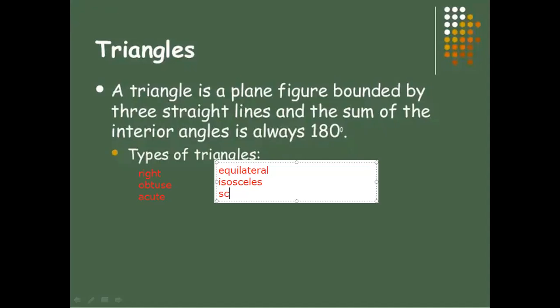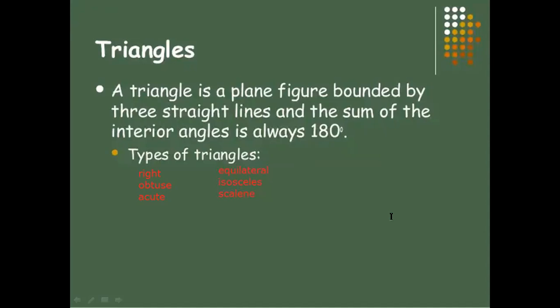What do you call that triangle? Okay, anybody? Scalene. All right. So that's what we call scalene triangles. Okay. So that's very basic, knowing all about the types of triangle.